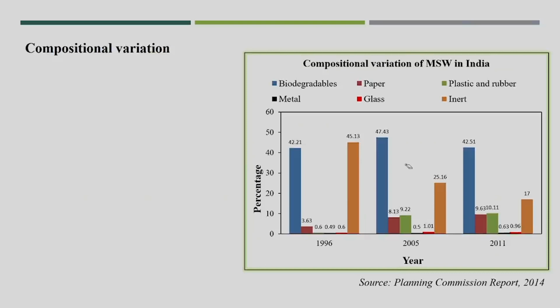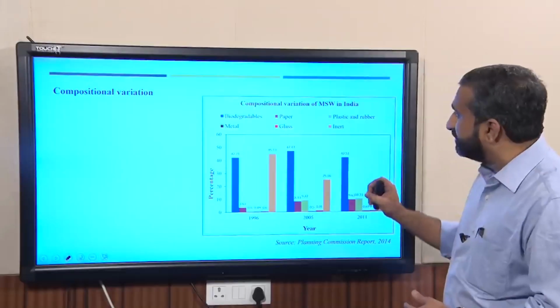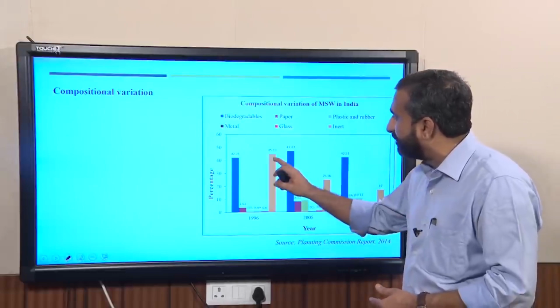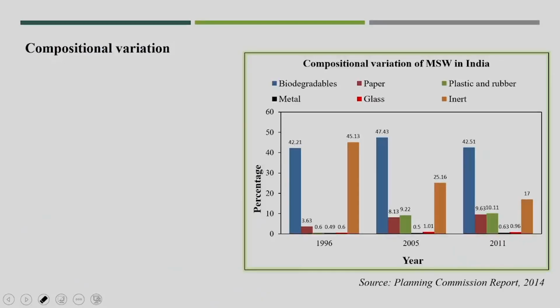But in another report by the Planning Commission in 2014, if you compare with the 2000 data, you will be surprised: plastic quantity was 3%, 1% in 2000 and has increased to more than 10%, and the inert content, which was very high around 1996 or 2000 at 45%, was reduced to only 17%. Very surprisingly, the biodegradable quantity was 42%, 47%, and even in 2011, 2014, 2015, it was 42%.